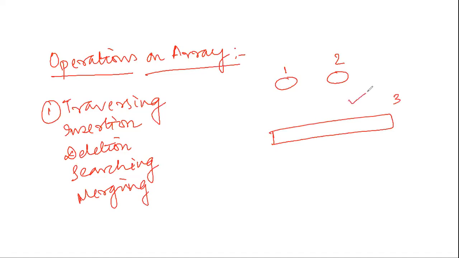And there can be sorting, that is, we can sort the elements in our array. If there are jumbled elements, we can sort them in ascending or descending order. For sorting, several algorithms are there: bubble sort, quick sort, merge sort, selection sort. One by one, we will learn all the algorithms and their complexities.